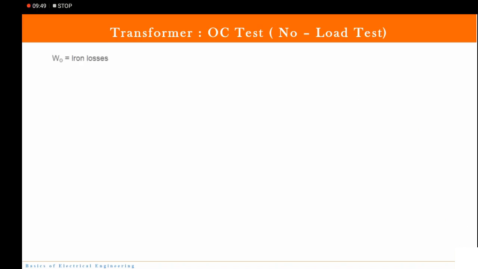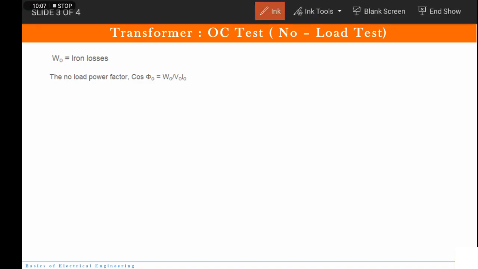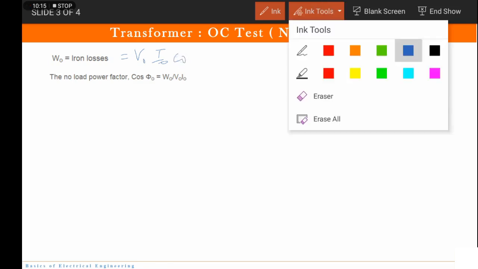So what readings do we get? The wattmeter gives you the iron loss. Correct? Yes. So we get the voltage and the current. We can calculate the power factor, isn't it? Because we have seen these equations in earlier classes.